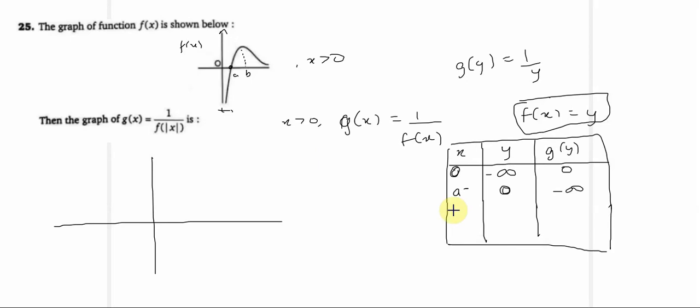At a it's actually not defined, because okay, let's plot what we have till now. This is 0 and then we have a here. From 0 to a, so this is what I think. We don't get a value at x equal to a for g of x.